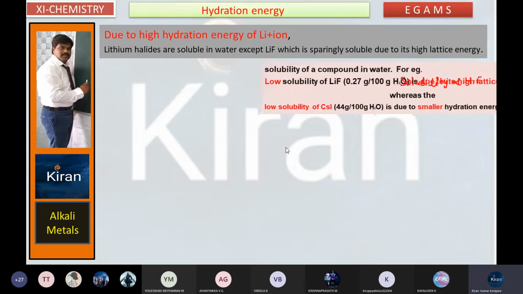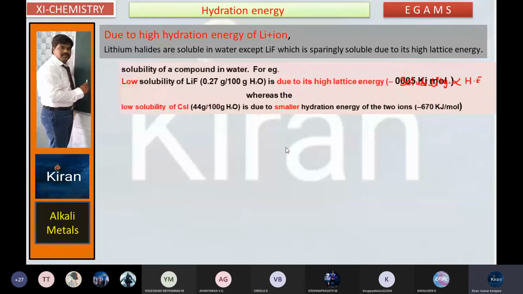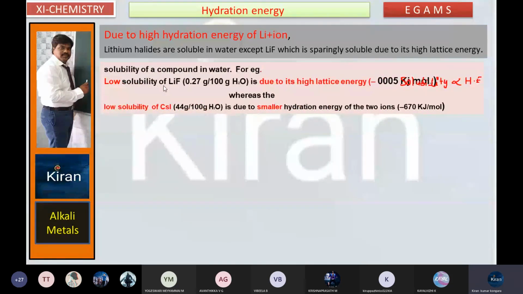For example, the low solubility of lithium fluoride is due to its higher lattice energy, whereas the low solubility of cesium chloride is due to the smaller hydration energy of the two ions.